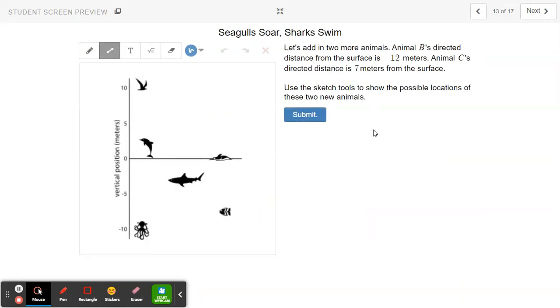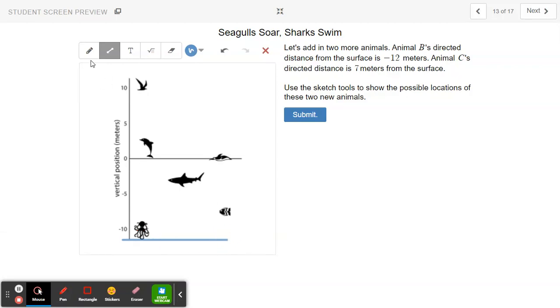All right, so we're going to add in a couple more, but let's see. It says animal B's directed distance from the surface is negative 12 meters. Use it to show them now. Okay, so negative 12 meters. So I know if this is -10, that means -12 is actually further down, right? So I have to make sure that I'm going to draw a line.